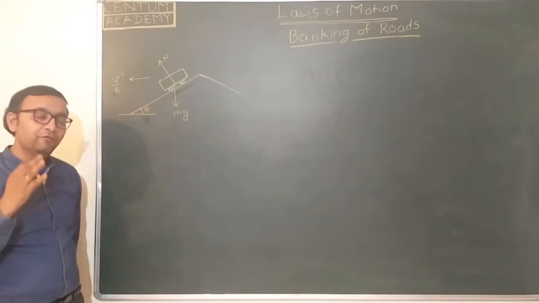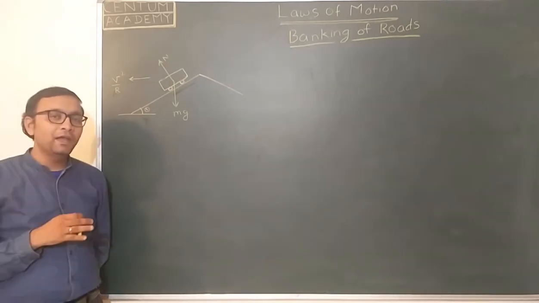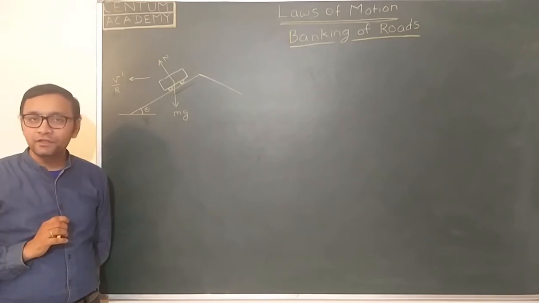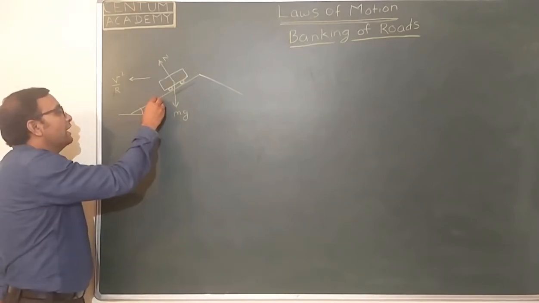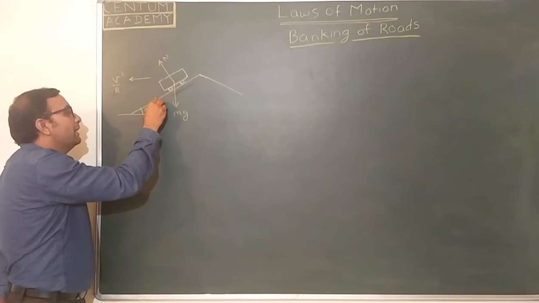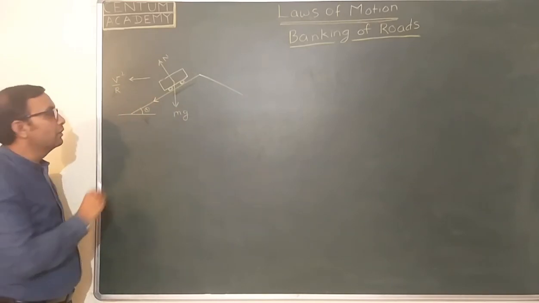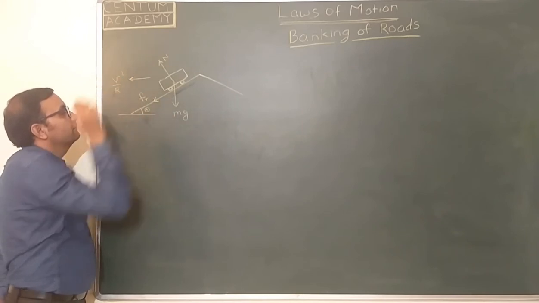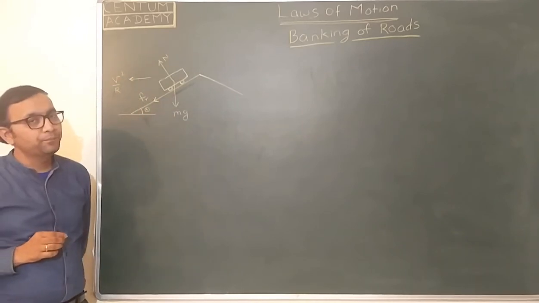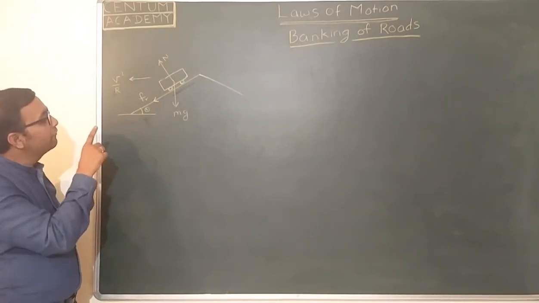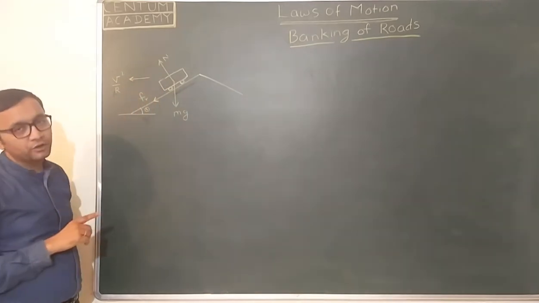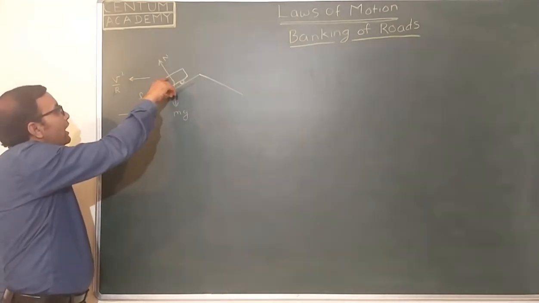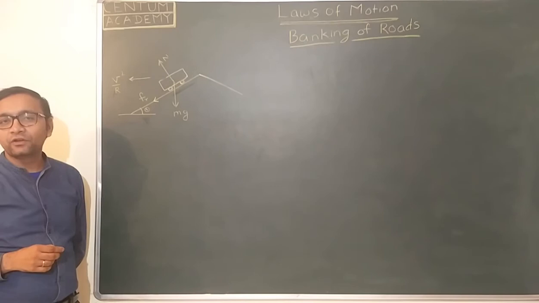And friction will always be applied tangent to the surface, right? So that is the reason why friction will be applied in this direction. Let us say that friction is Fr. Now we have drawn all three possible forces on the car and we have shown the acceleration also.